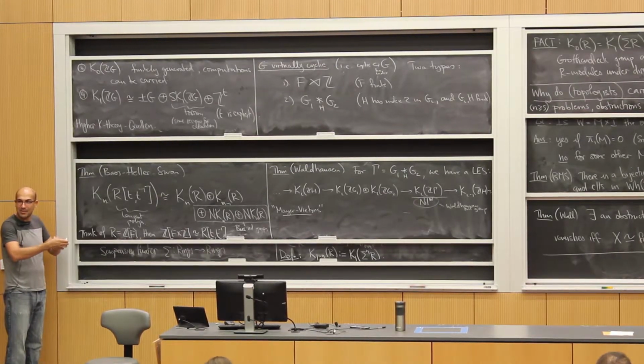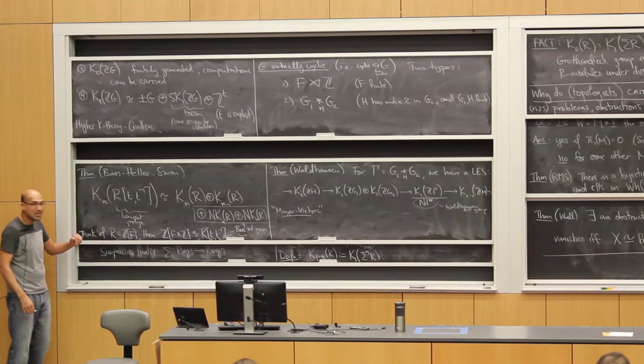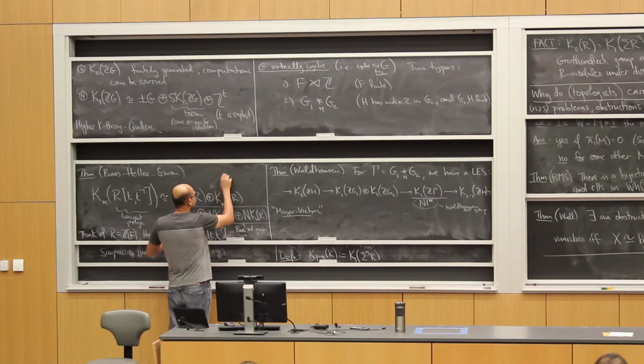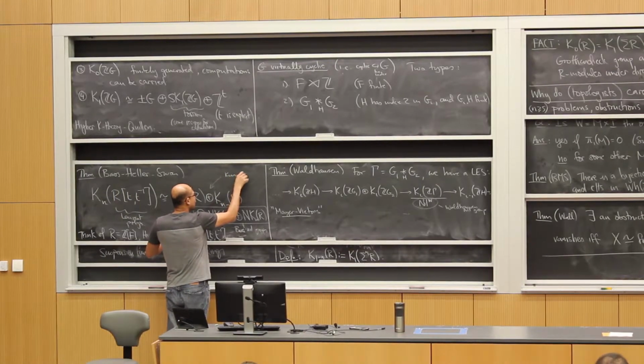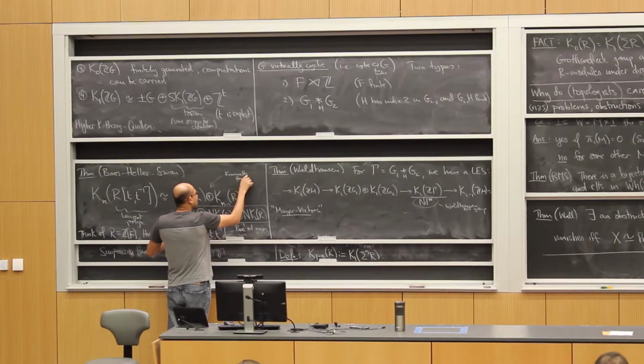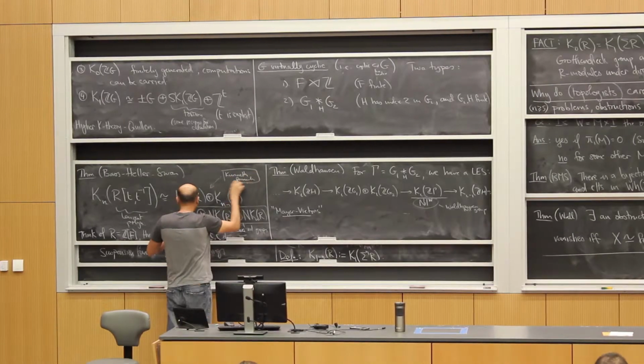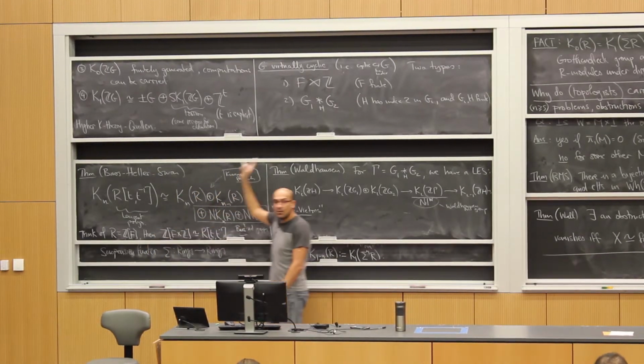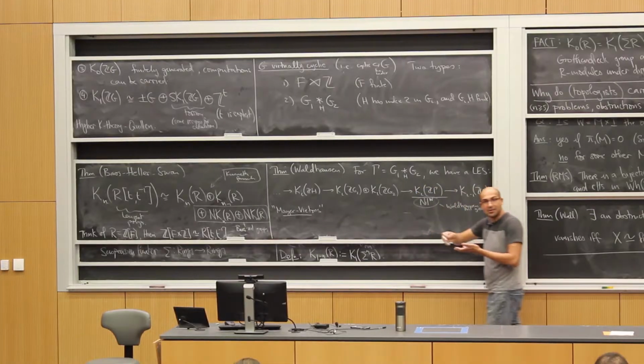If you take a product with a circle and you take the homology, this here is a Künneth formula. On the level of fundamental groups, crossing with Z is like taking a product with a circle.